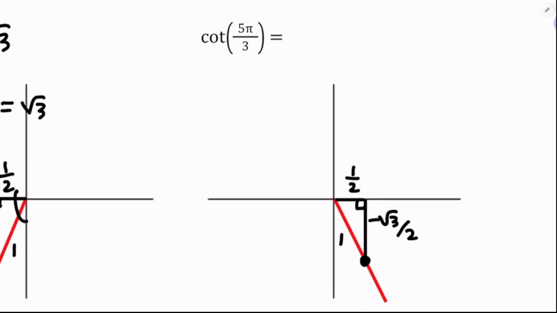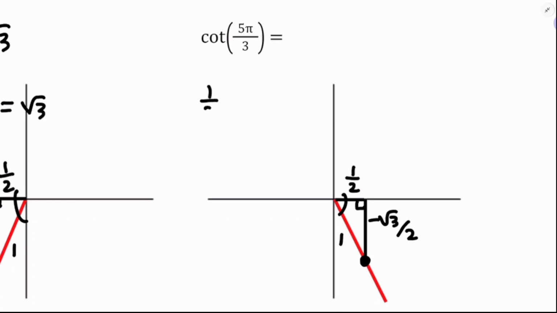All right, and cotangent is, I would say I'd just do adjacent over opposite for that, but if you wanted to find tangent first and then find the reciprocal, that's totally an option you've got. But I think I'm just going to take the x, or the horizontal leg, and divide it by the vertical leg on my reference triangle.